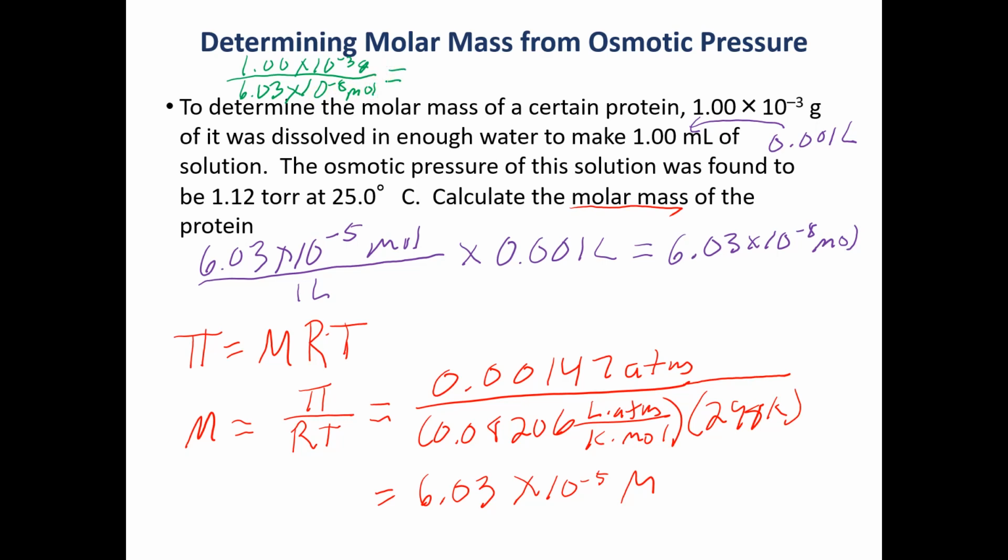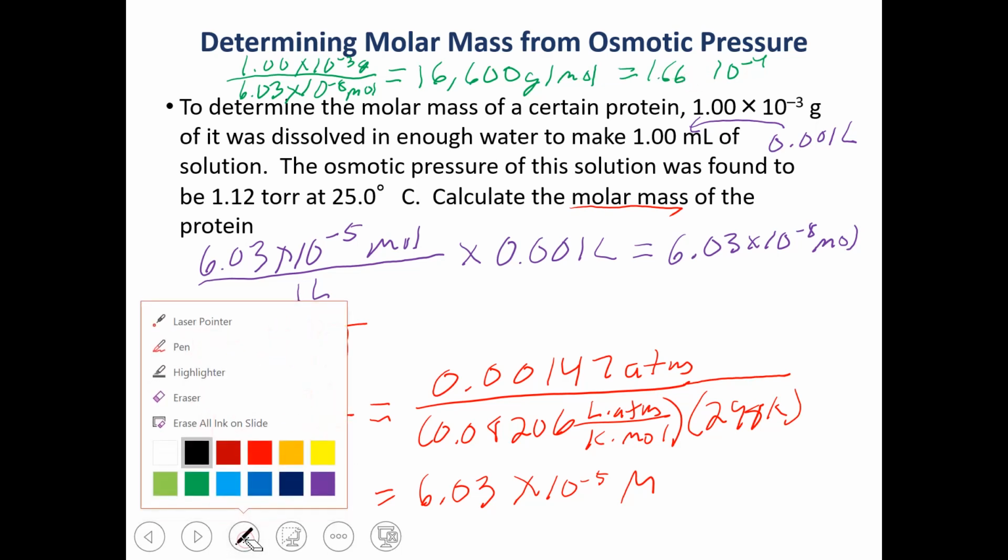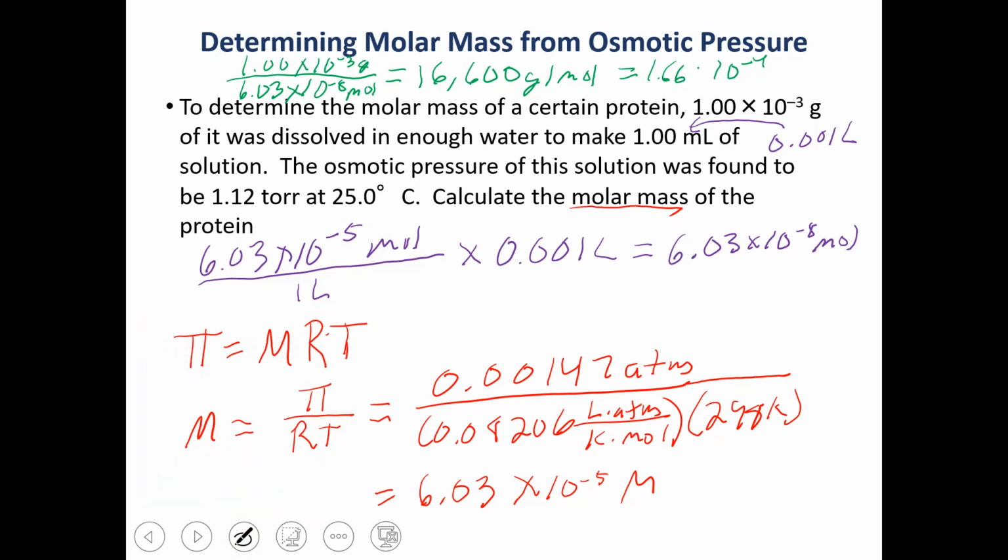And if we divide that out, that comes out to 16,600 grams per mole. Or you could write it in scientific notation as 1.66 times 10 to the fourth grams per mole.